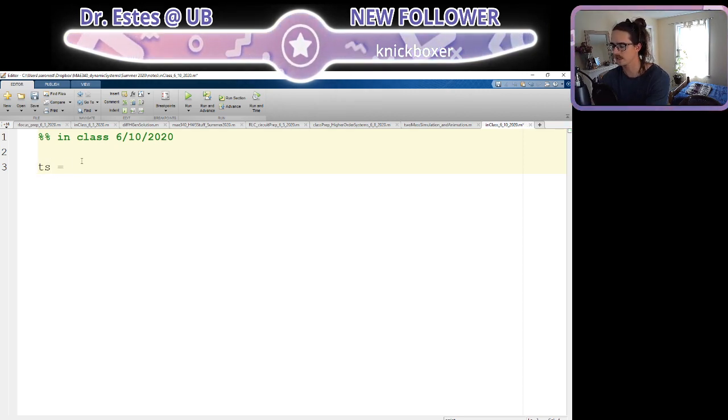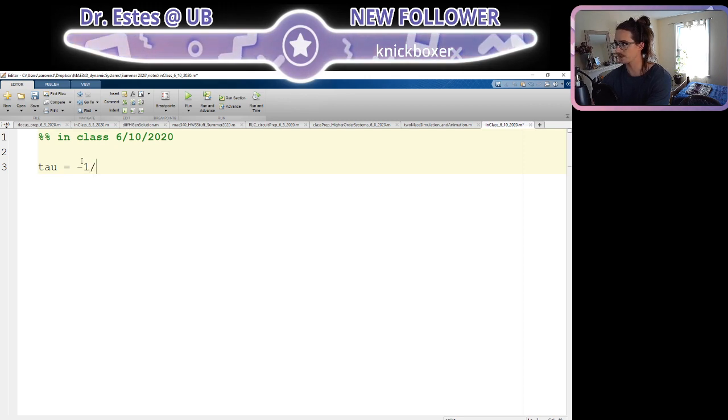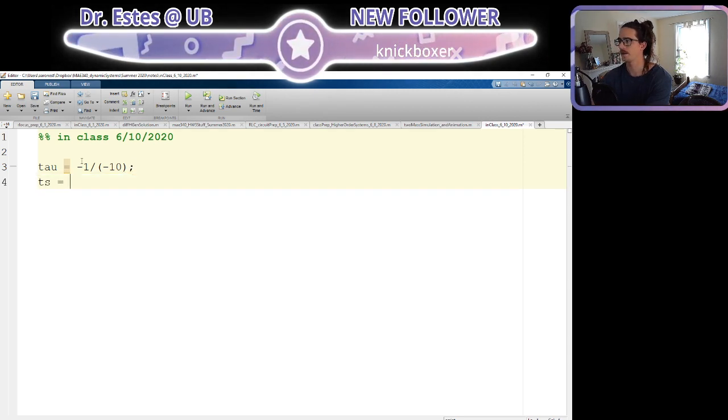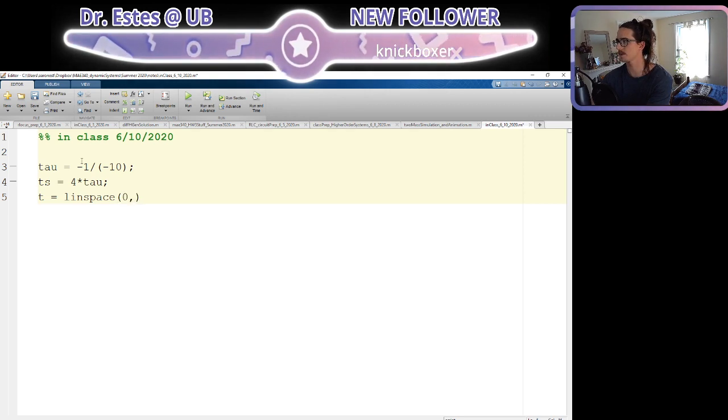So I'm going to calculate the settling time here. Well, let's do it slowly. The time constant is -1 divided by the real part of the root, which is -10. And then our settling time is 4 times our time constant. And then I'm going to make a time vector using the linspace command that goes from 0 to our settling time. And I'll put 500 points in there. That sounds good.